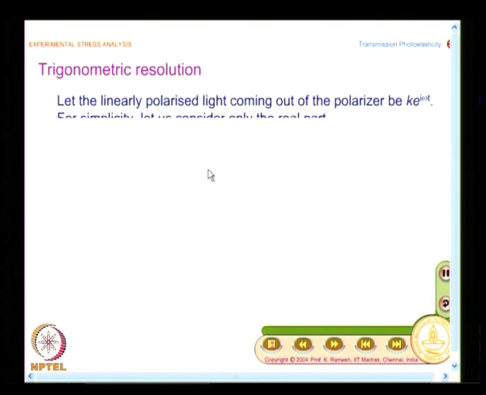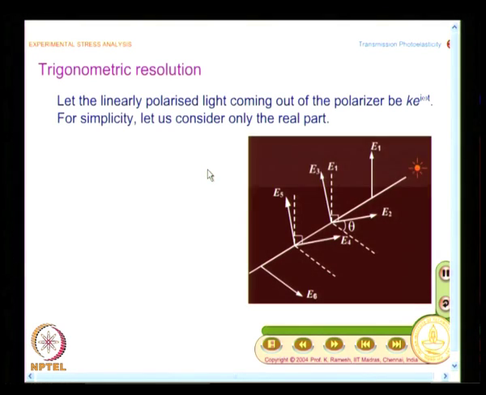And now we have to look at whether we can establish mathematically what we have looked at from a logical explanation, and find the equation of intensity of light. For that we need to develop the mathematics, and the simplest way is a trigonometric resolution.